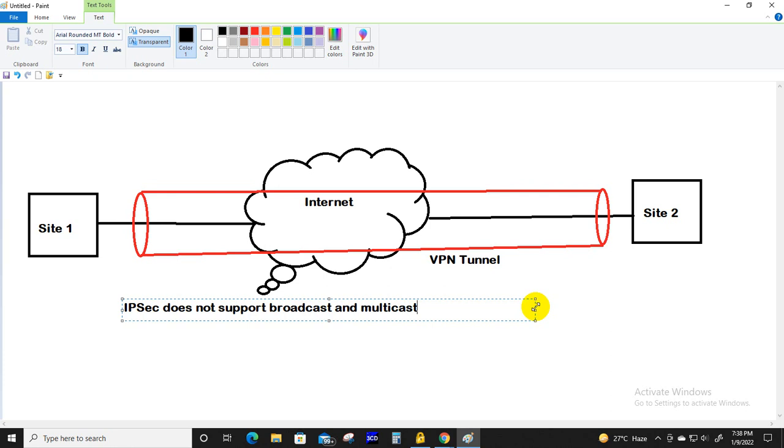And this problem is solved by using GRE over IPsec.